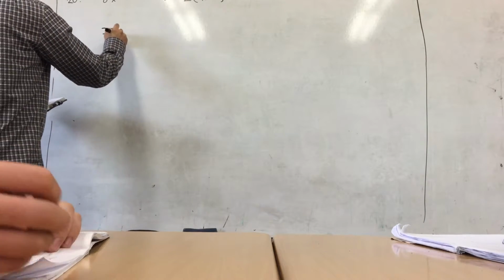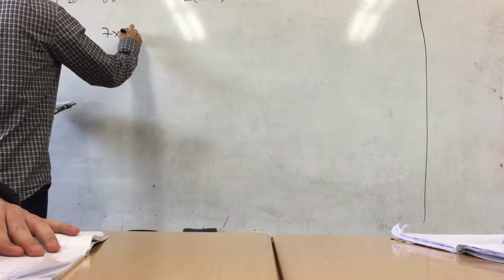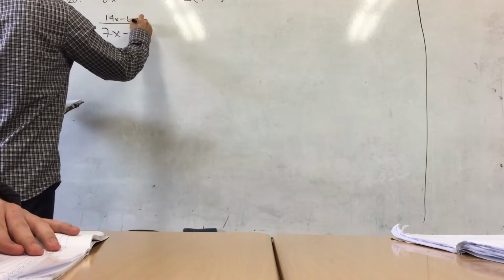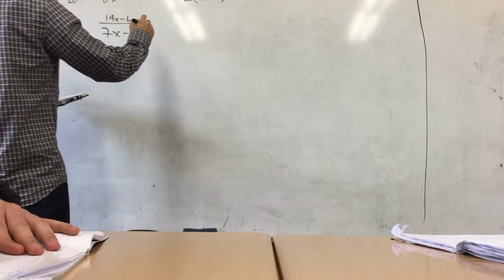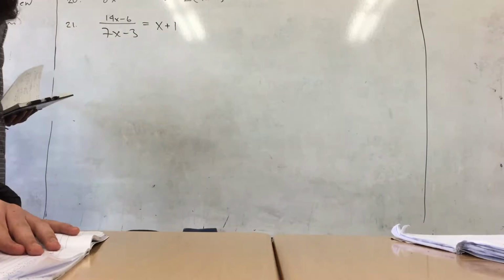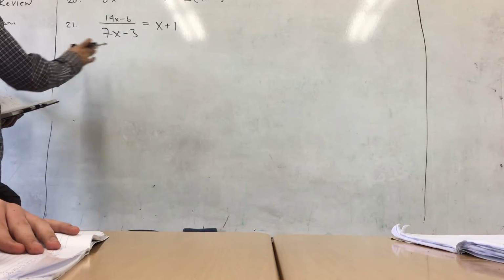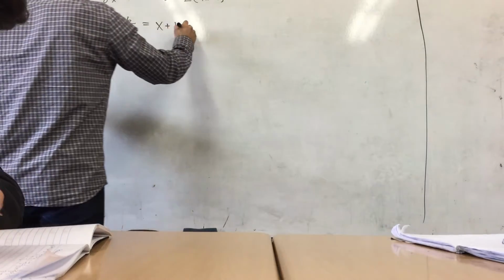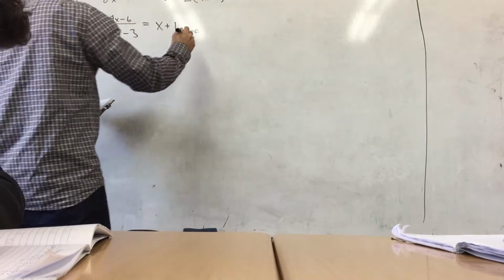Okay, what about something like this? To solve, not just factoring, but to solve. If you see something like this, my advice is factor the top first, and then see where that takes you.